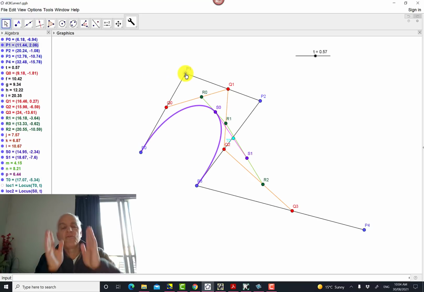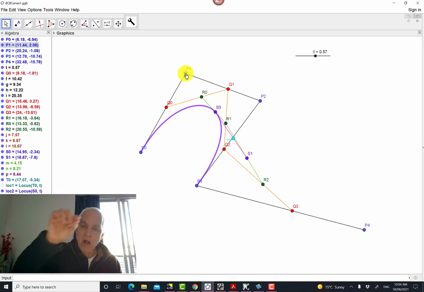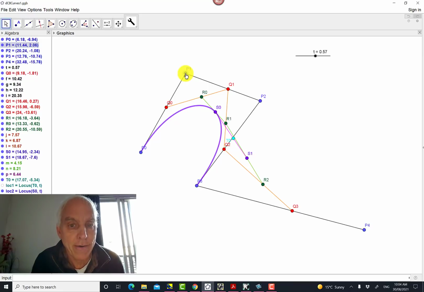Now, this control over the endpoints means that these curves are ideally suited to pasting them together. So if you have some complicated curve, like maybe an outline of a part of a car, which would have been what Bézier and de Castelnau were interested in, then you can take that complicated curve and slice it up, subdivide it into more simple pieces. And these simple pieces can then be approximated by quadratic or cubic curves.